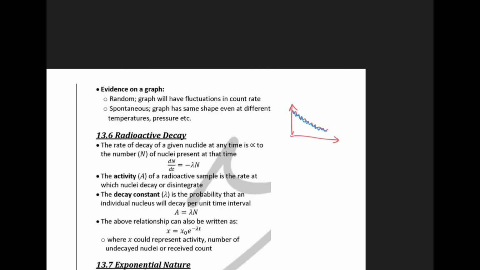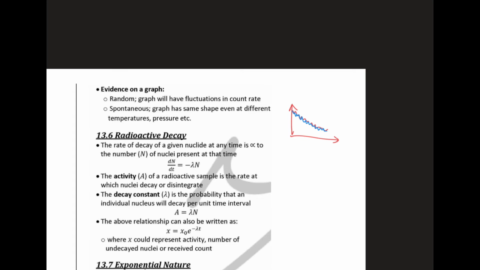Yes, fluctuation is like that. So you will see something like this. Fluctuation is the shaking of the graph. Okay, spontaneous is like the red and the blue. You change the temperature and the pressure, the graph is still the same.